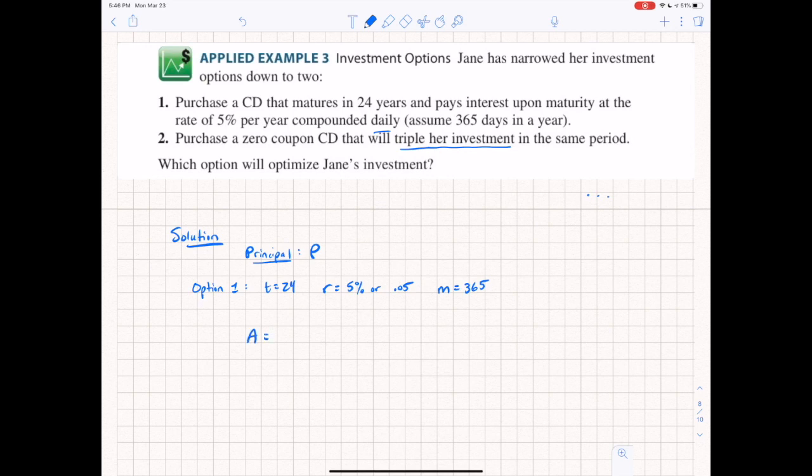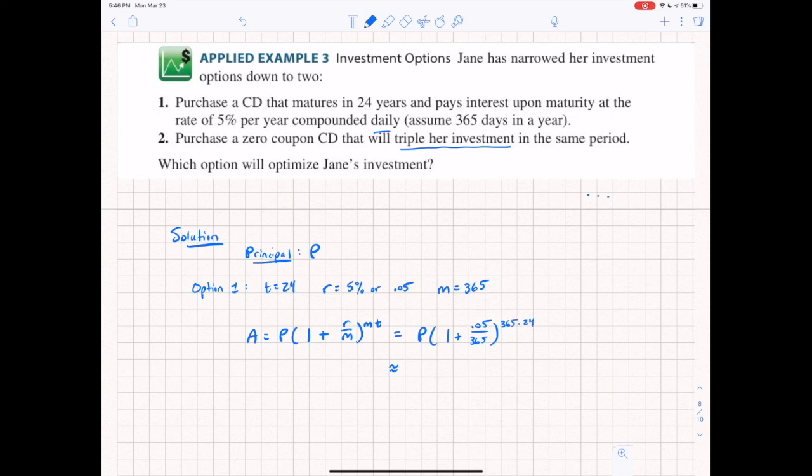Then A, according to our compound interest formula, would be P times (1 + R over M) to the M times T. Plugging in the numbers we know, 1 plus 0.05 over 365, to the 365 times 24.